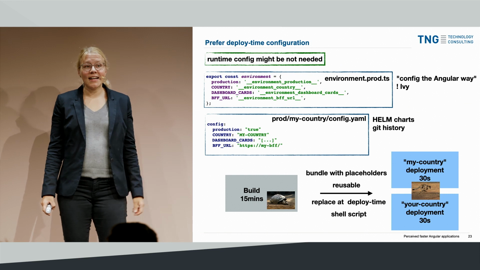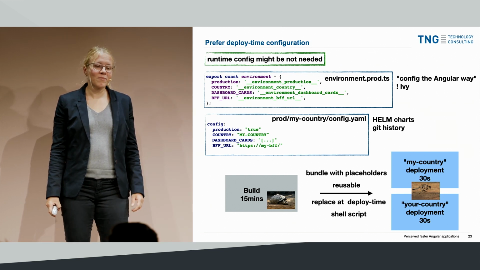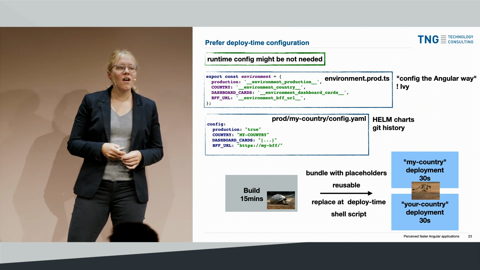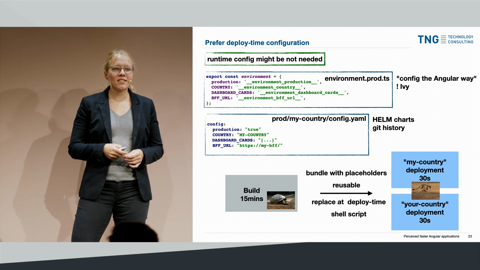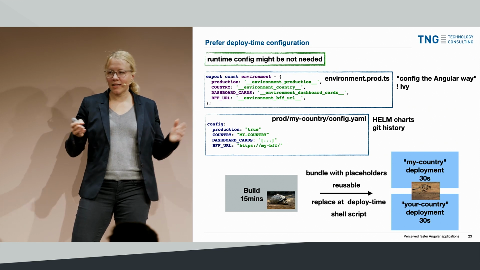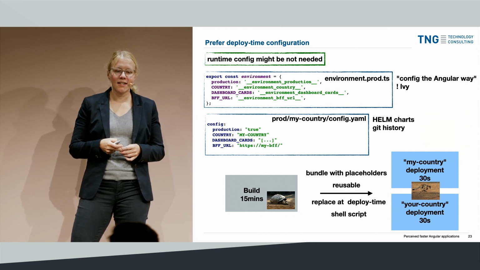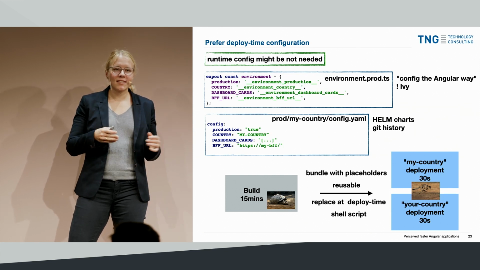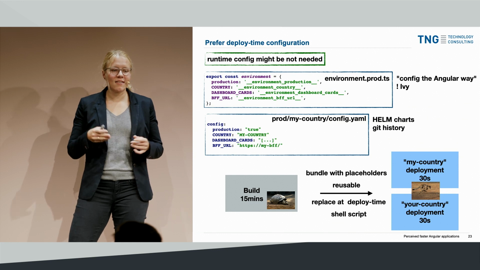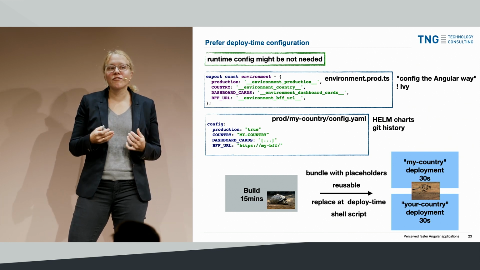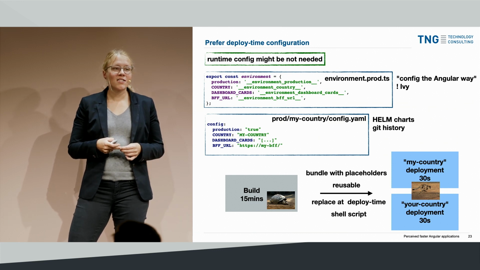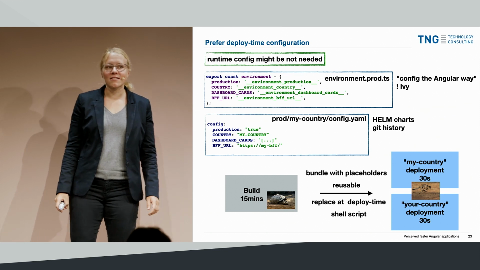And this is really helping our client because the build, the yarn install, the compilation, and so on, on our build servers is usually slow. It takes something in the order of 15 minutes. But our deployment scripts that replace the values from these Git historized Helm charts into our configurable application and replace those placeholders usually run in the order of seconds, definitely less than a minute.